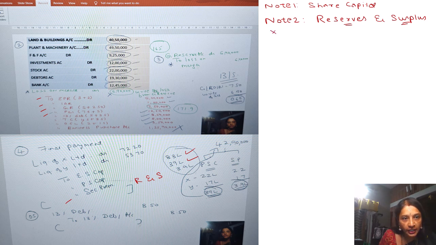So you will take export profit reserve. How much? Export profit reserve is 5 lakhs. Then you will take investment allowance reserve, which is 1 lakh. Then you will take general reserve.